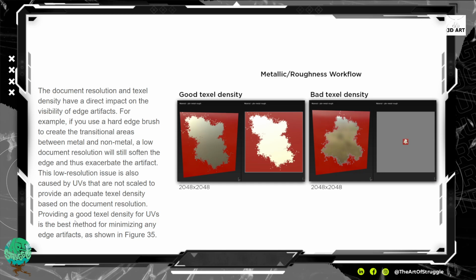All right. What that means is the size of your document. Are you using 1024? Are you using 2048, 4096? Right? Are you using 8K maps, 10K? Right? And are you sizing your UVs to be appropriate to that? The more texel density, the more pixel information that you can pack in, the better those transitions are going to be.